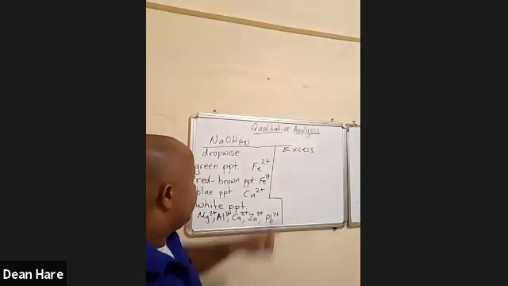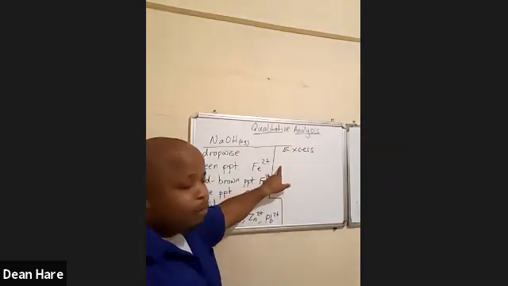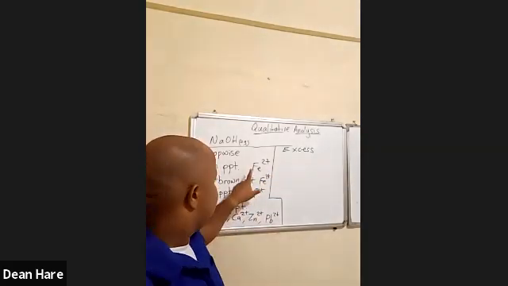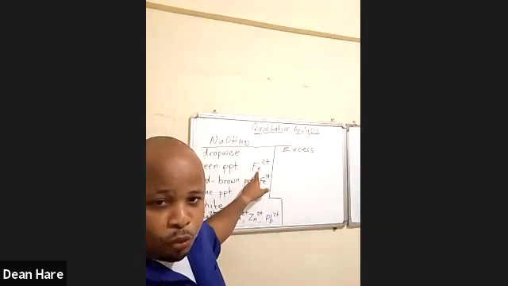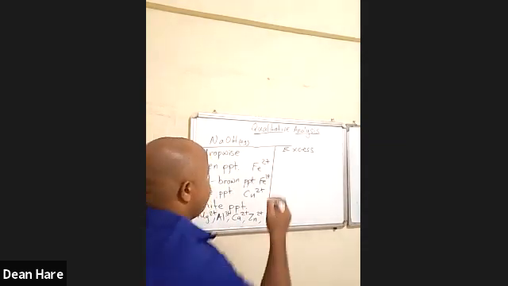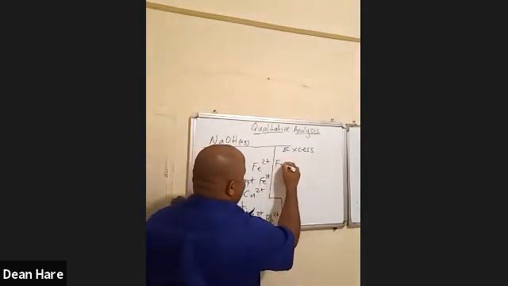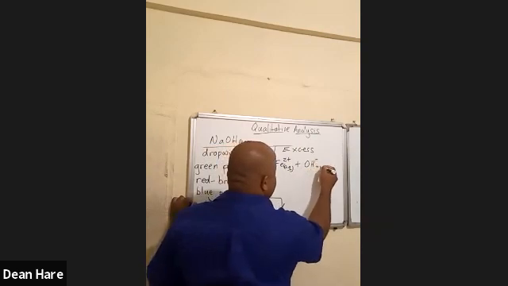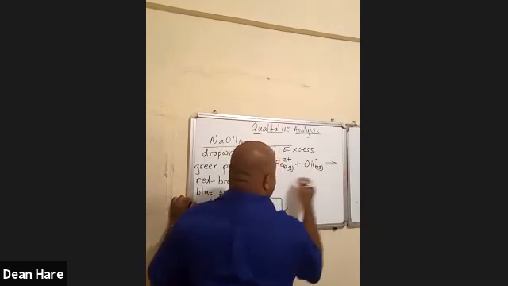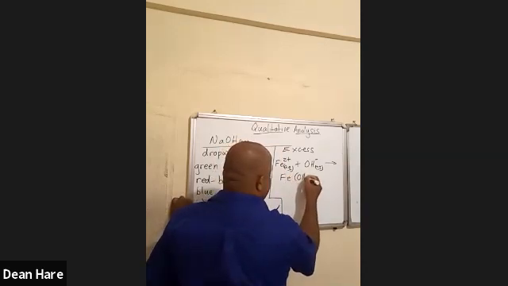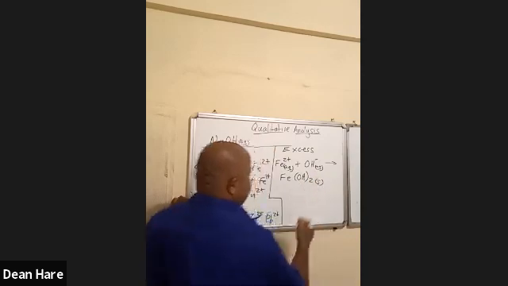All right? Now, on the exam, you might be asked to write an equation. When you react the Fe2 plus with sodium hydroxide, the Fe2 plus ions react with the hydroxide ion to produce iron 2 hydroxide, which is insoluble.